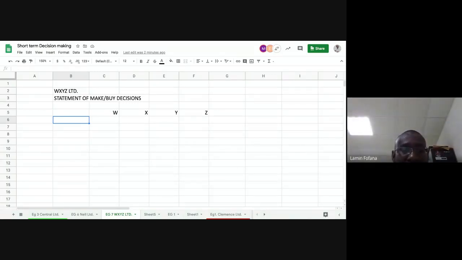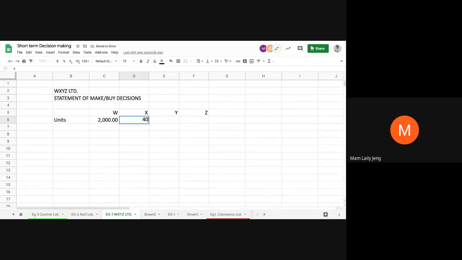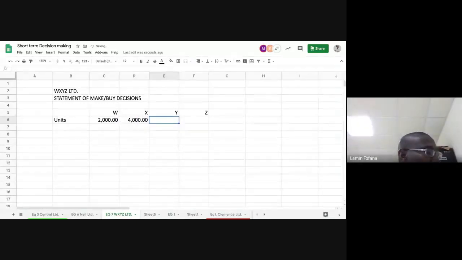So we have our units. What are our units? For W is 2,000, for X is 4,000, 3,000, and 1,000.